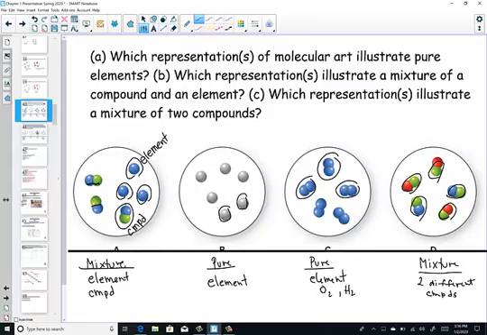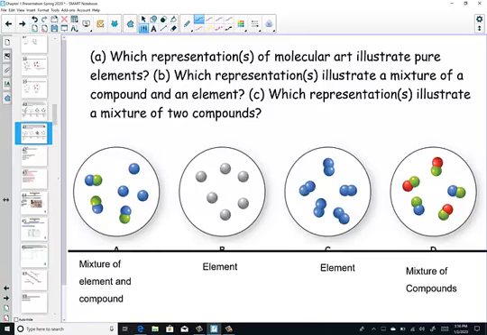And so when we compare that, we had a mixture of an element and compound. B and C were both elements, and we decided letter D was the mixture of compounds based on the composition there. A few more to practice before we stop here.